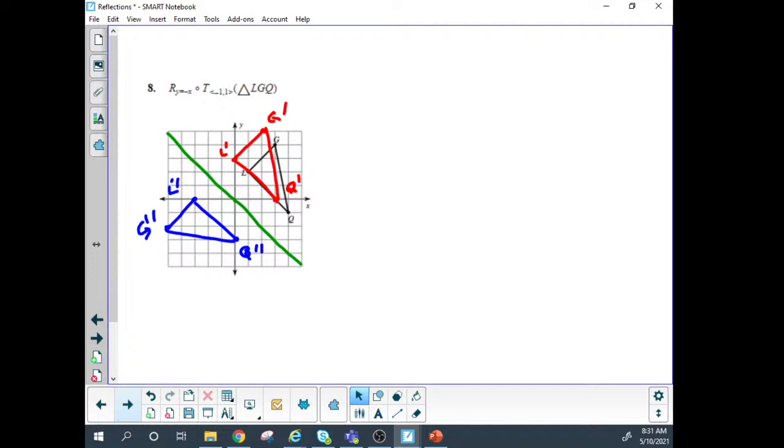Again, if I flipped it and then translated it, notice the coordinates are 1 diagonal away. It would have ended up like that.